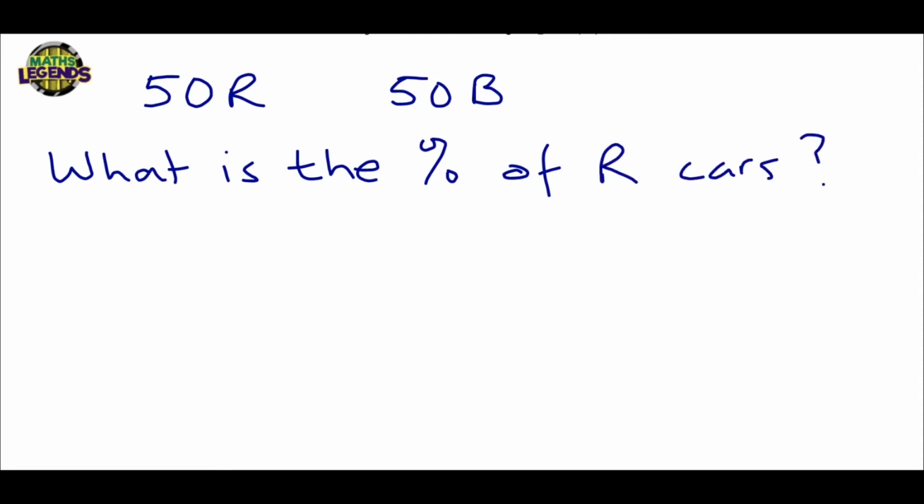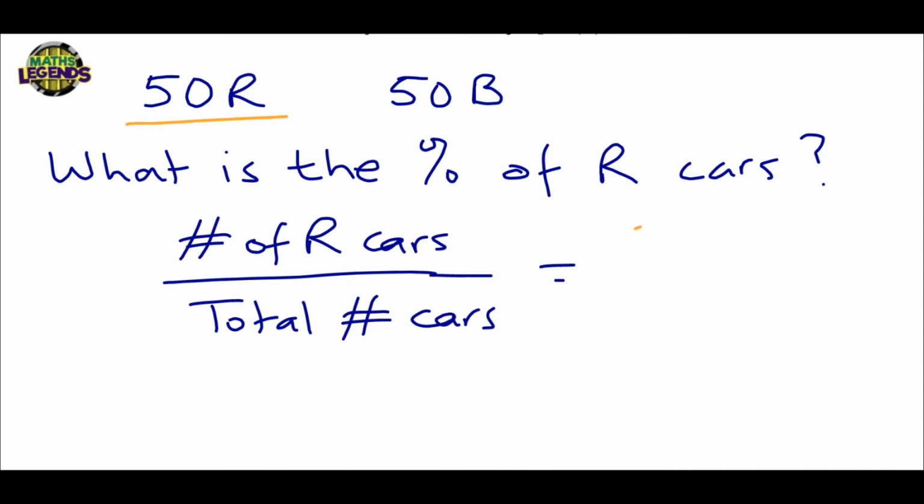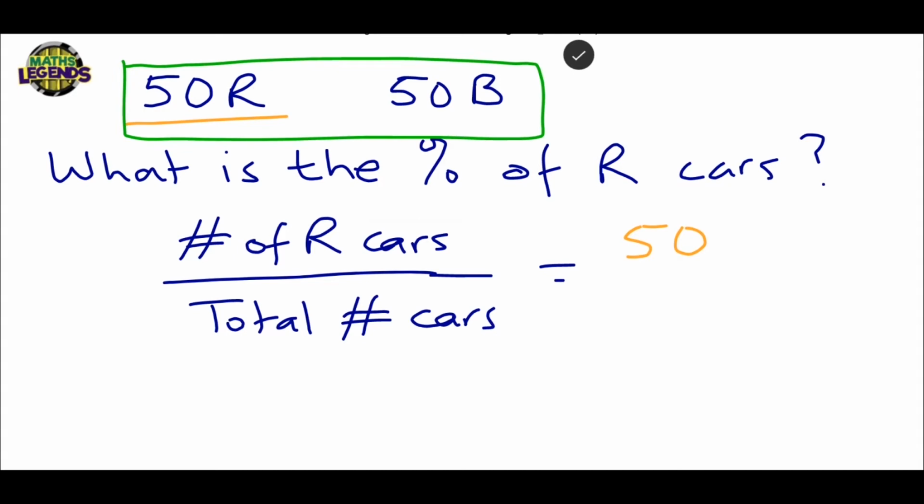So what we do here is we write the number of red cars over the total number of cars. So the number of red cars we know is 50, and the total is 50 red plus 50 blue, so that's 100. So it's 50 out of 100. Now this is already in the format of being out of 100, so this is the same as 50%.